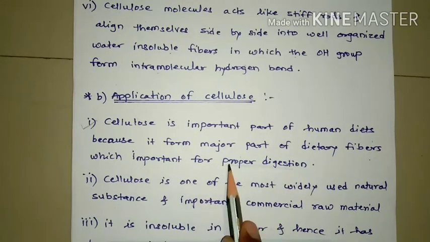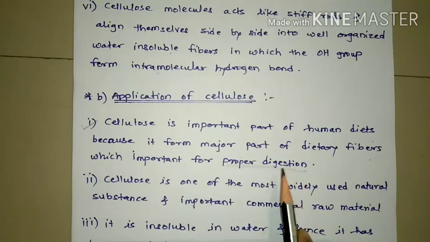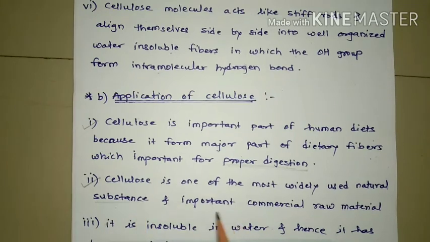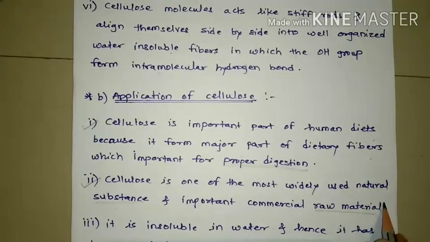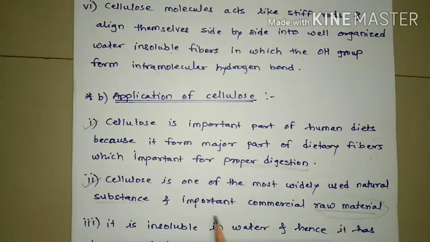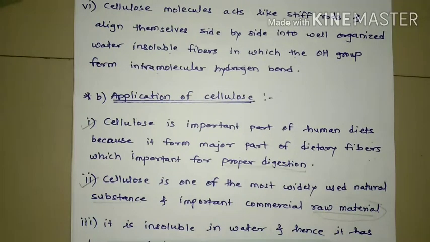Second, cellulose is one of the most widely used natural substances and an important commercial raw material. Raw material means the starting material that is used the most in commercial methods.